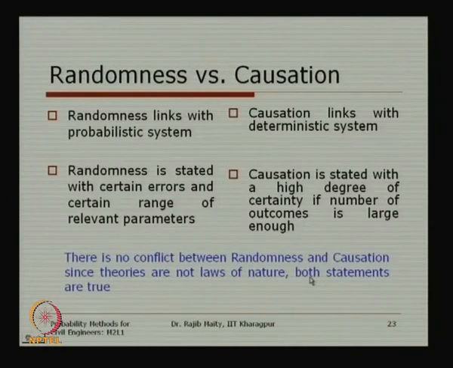And the last thing, which is also important, is randomness and causation. Randomness links with the probabilistic system and causation links with the deterministic system. Randomness is stated with certain errors and a certain range of the relevant parameters, and causation is stated with a high degree of certainty if the number of outcomes is large enough.